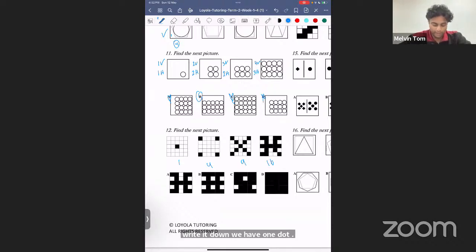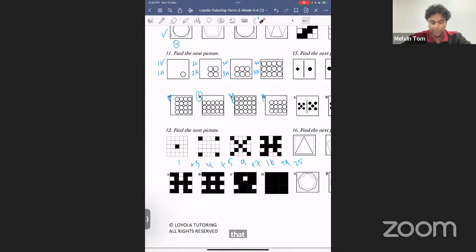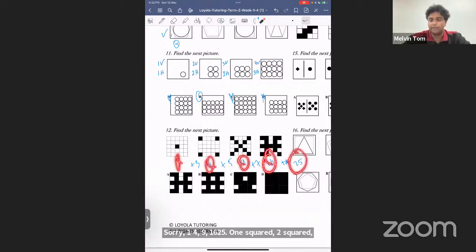If you do additions, you can figure out it's plus 3, plus 5, plus 7, and then plus 9 gives me 25. Or you could realize that it is square numbers: 1, 4, 9, 16, 25. 1 squared, 2 squared, 3 squared, 4 squared, 5 squared, right? So it's just square numbers going up. Really, really easy.